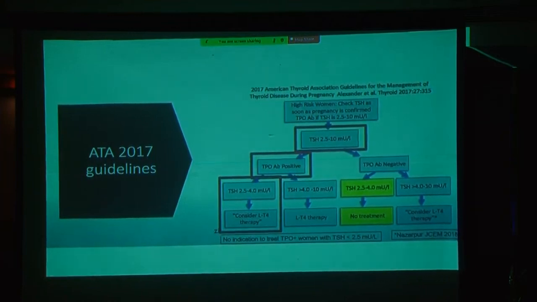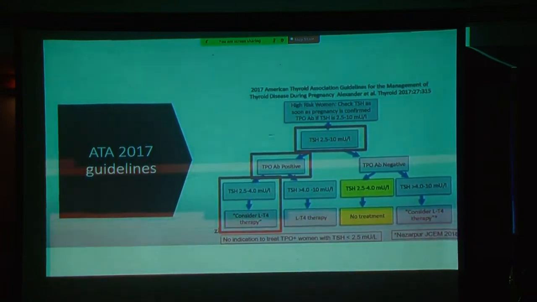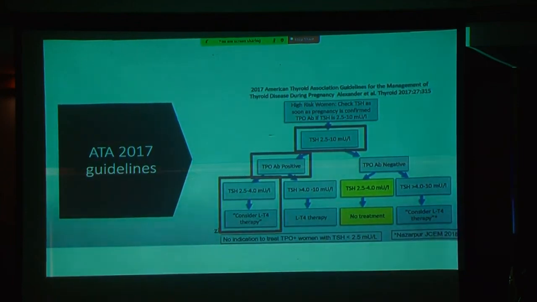Between 4 to 10, there is no question, you should treat the patient. If TPO negative, 2.5 to 4, no treatment. And if it is 4 to 10, you can again consider the treatment. This is the classical recommendation given by the American Thyroid Association.